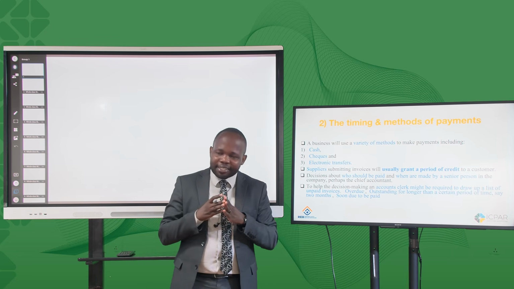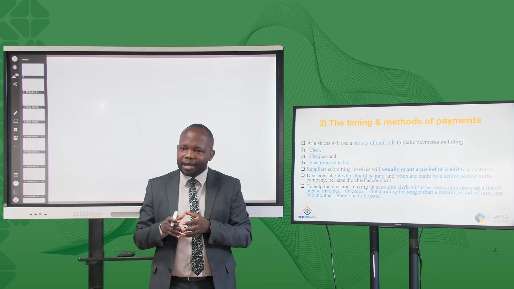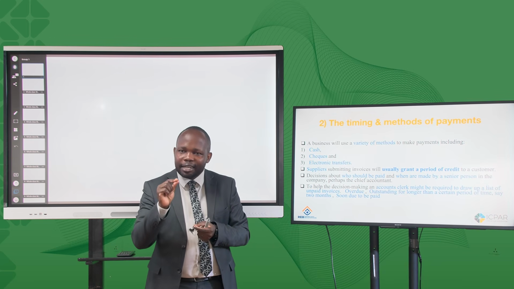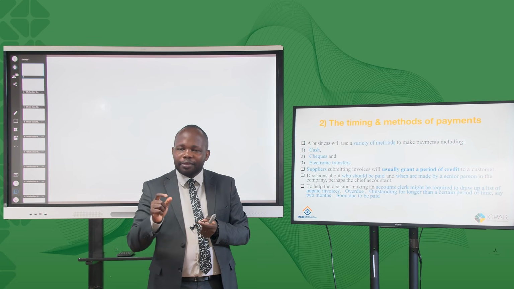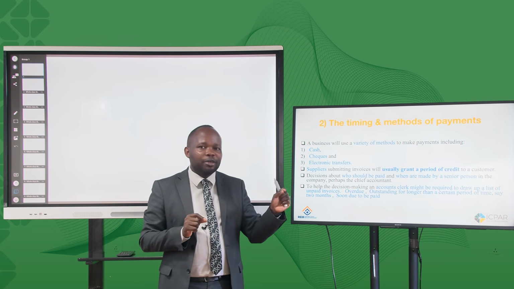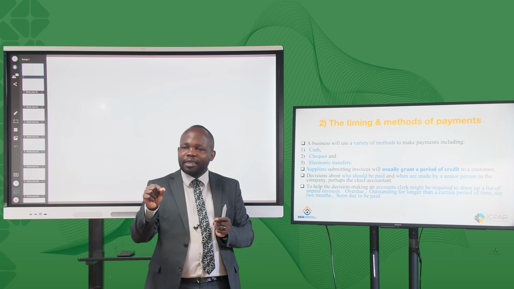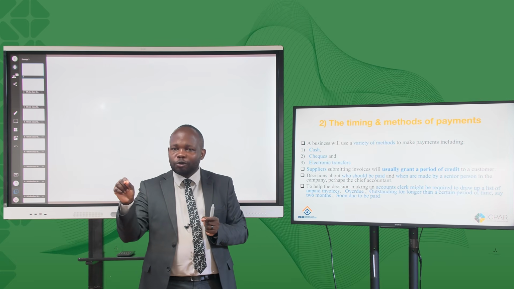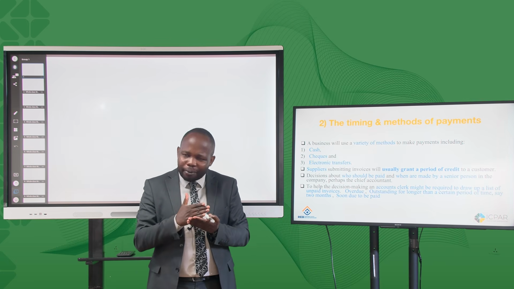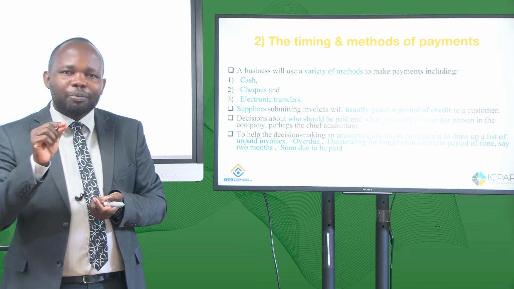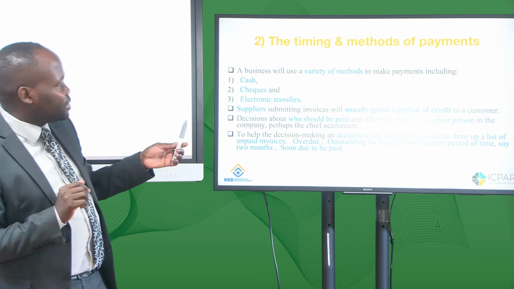Now, suppliers, if we are dealing with suppliers, normally give an invoice, and sometimes the suppliers can give a credit period. They say that this payment must be made within 1 week. This payment must be made within 1 month. This payment must be made within 2 months. So suppliers give you the credit period, which must be respected by the business.